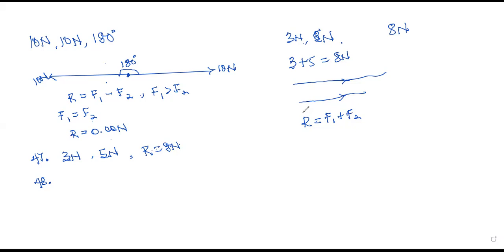Which vector best represents their resultant? Which vector here, 1, 2, 3, 4? Which of them best represents their resultant? Frank: certainly the second one.